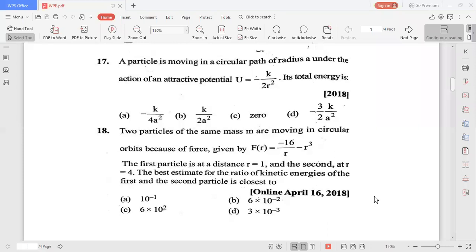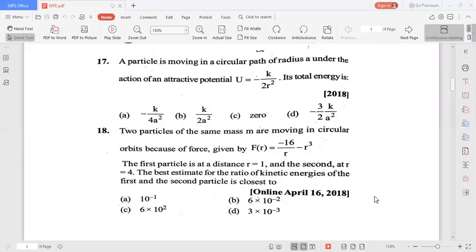For the second particle, r is equal to 4. The best estimate for the ratio of the kinetic energies of the first and second particle is closest to what? So the ratio between the kinetic energies of the first particle and second particle, K1 by K2 equal to question mark. This is the question they asked.